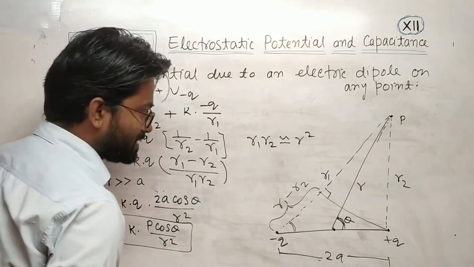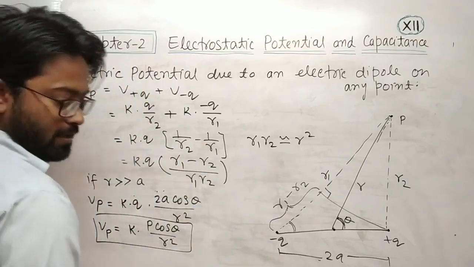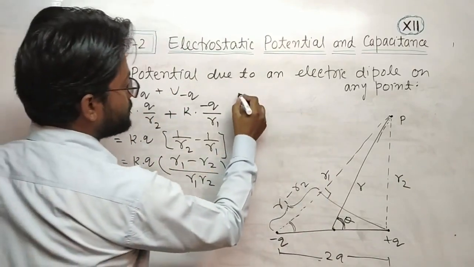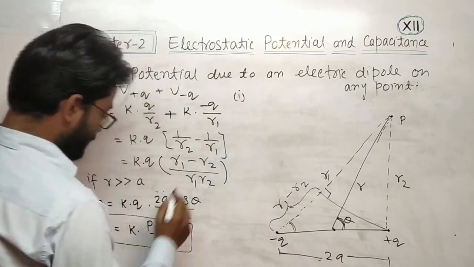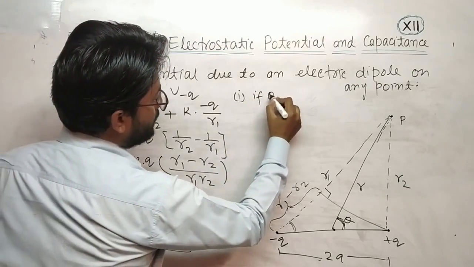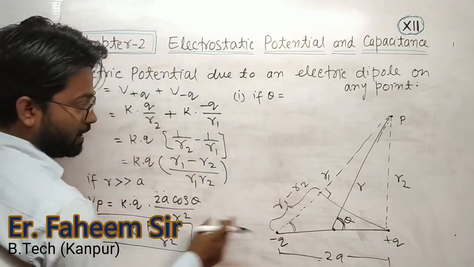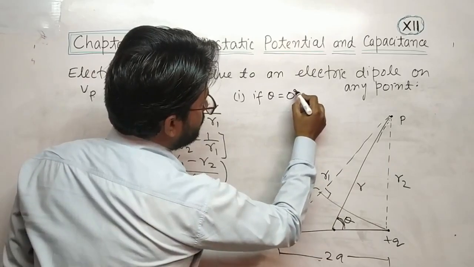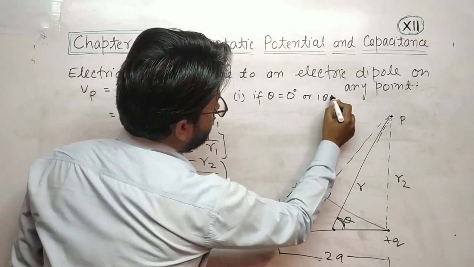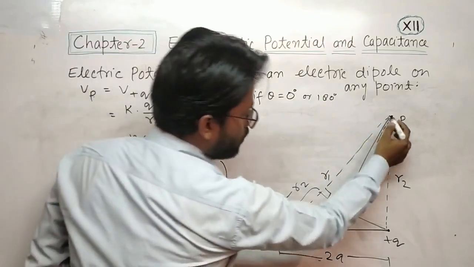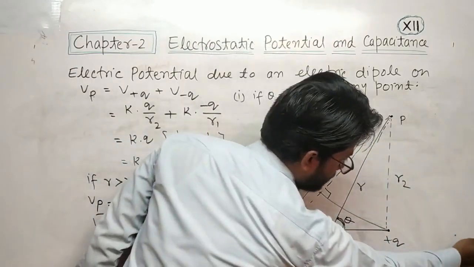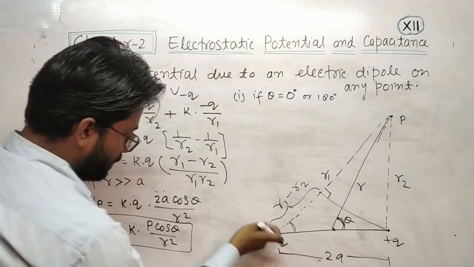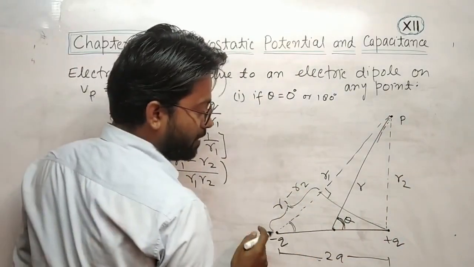There will be special cases. The first special case: what if theta is equal to 0 degree or 180 degree? This point is here, so theta is 0 degree, or here maybe.